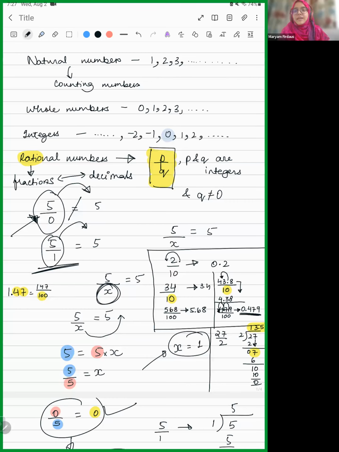Okay. Is every natural number a whole number? Yes. Because every natural number is also a whole number. All right. Then is every whole number an integer?